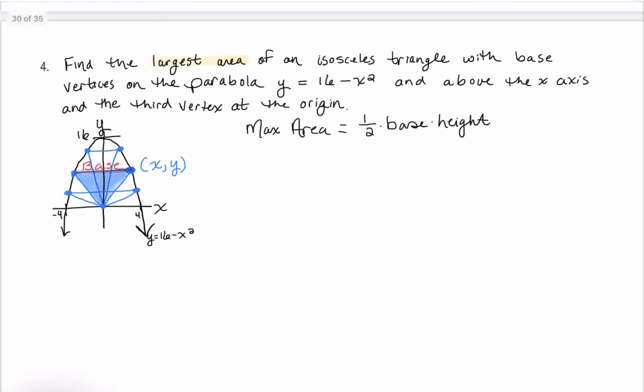And then of course the height here, well, the height's pretty straightforward, right? So this is your height right there. So this is the height.